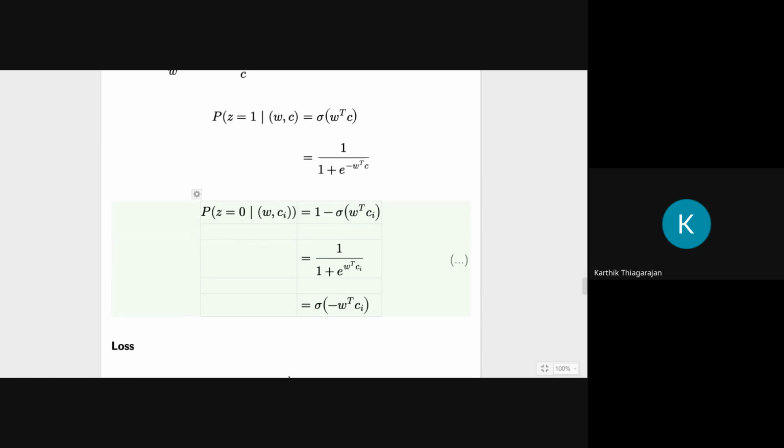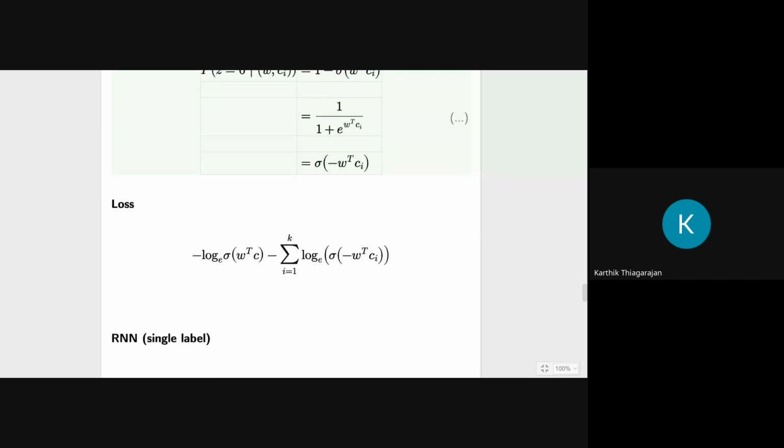So what is the loss? The loss is nothing but the negative log likelihood. You can maximize the likelihood, or you can minimize the negative log likelihood. The negative log likelihood will look like this: minus log sigma of W transpose C for the positive pair, plus the sum over k negative pairs.